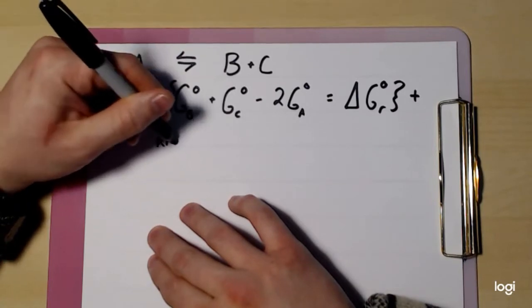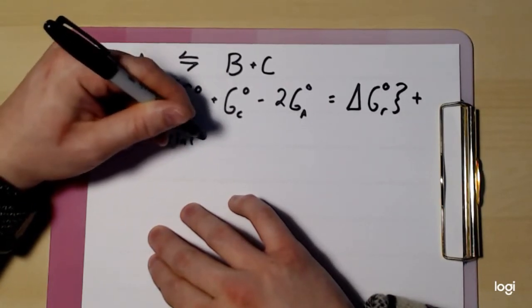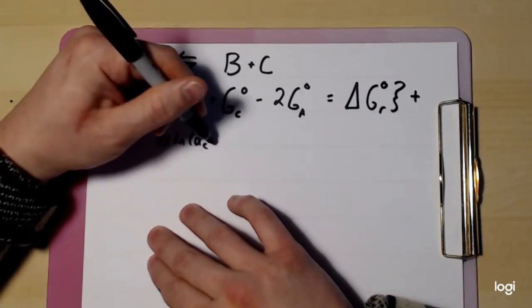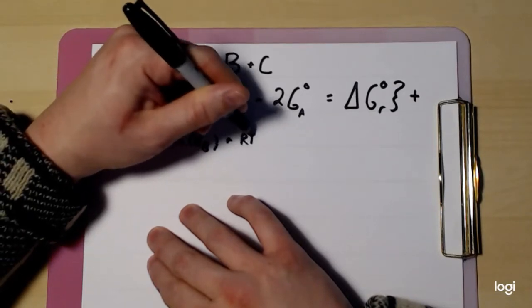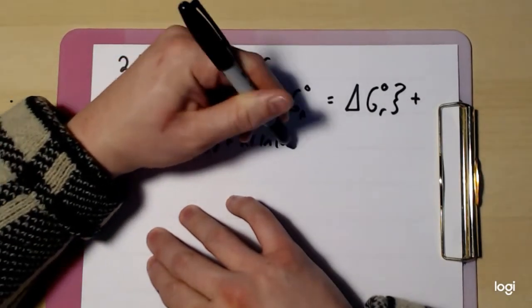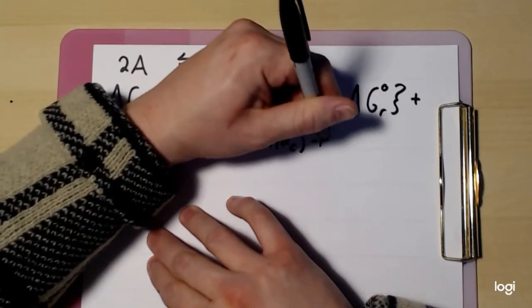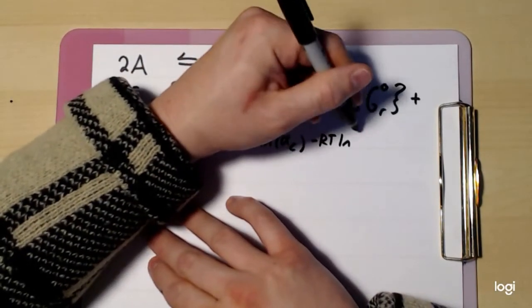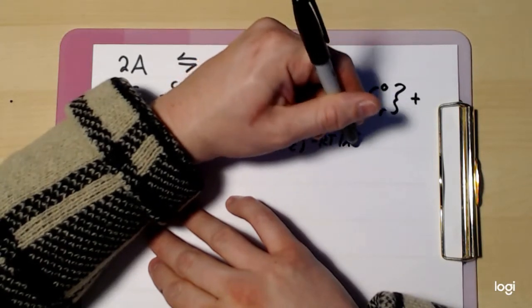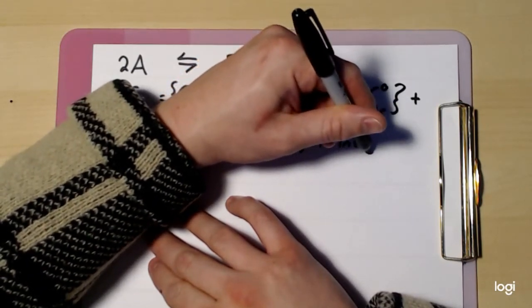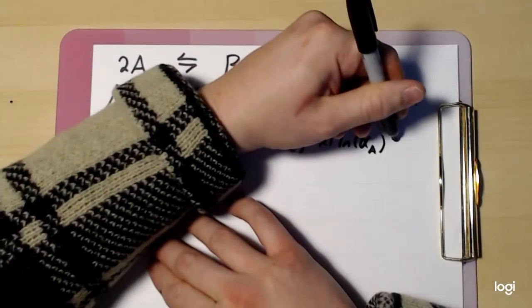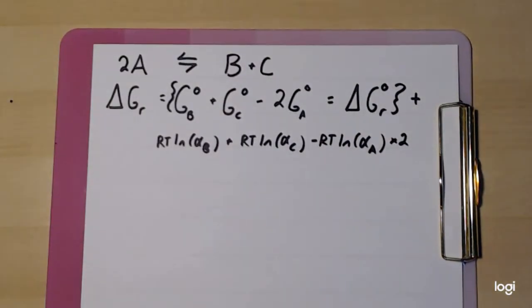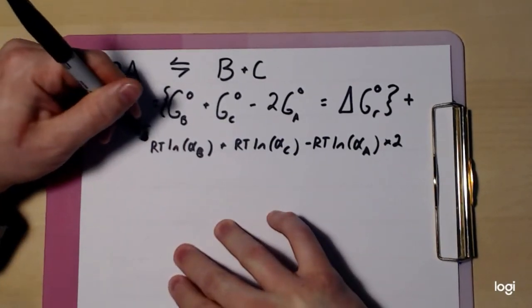Now, let's go on to the RT log activity terms. We have the RT log activities of the products, B and C, summed together, minus 2 times the RT log activity of the reactant A. And so again, using the properties of logarithms, adding logarithms multiplies the things inside the logarithms, subtracting logarithms divides the things inside the logarithms.